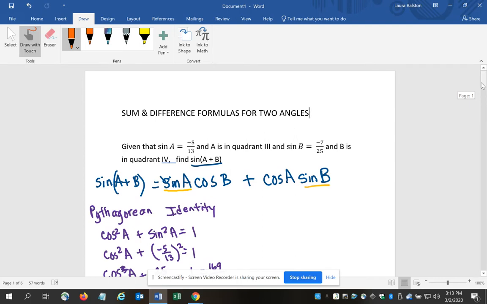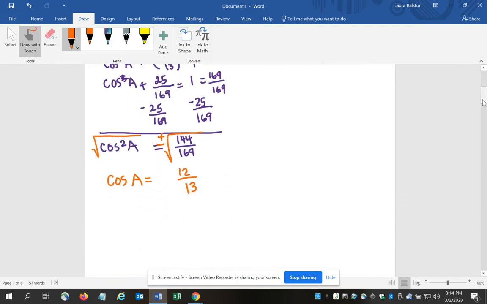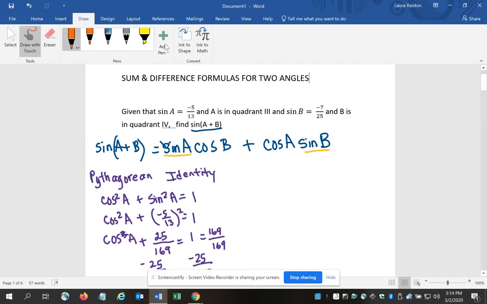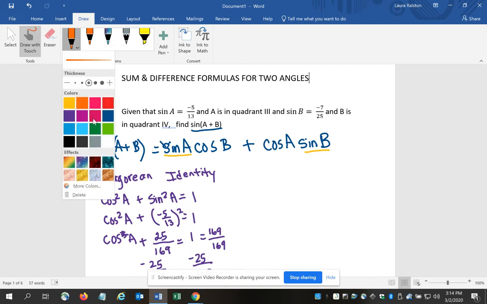I'm told that angle A is in quadrant 3. In quadrant 3, the cosine, or the x-coordinate, would be negative. So cosine A is negative 12/13.